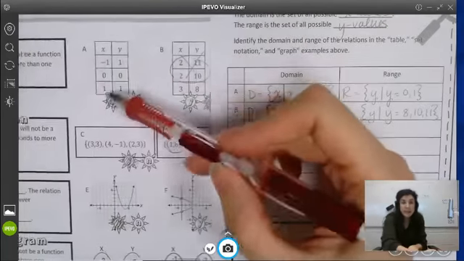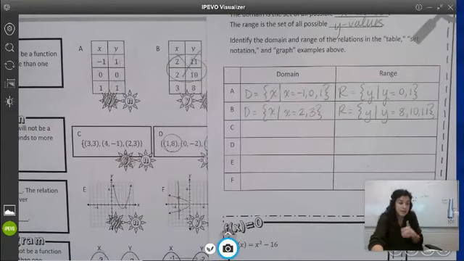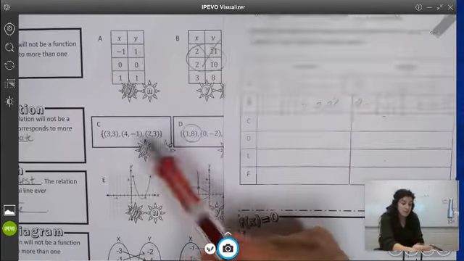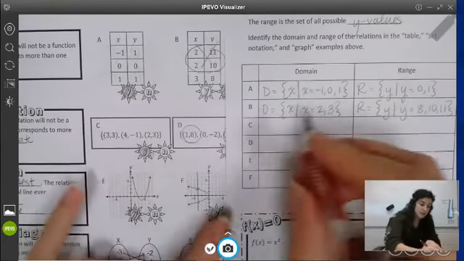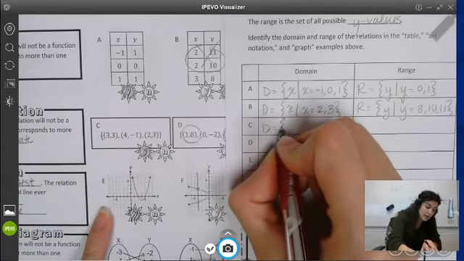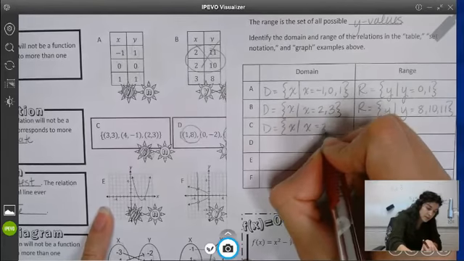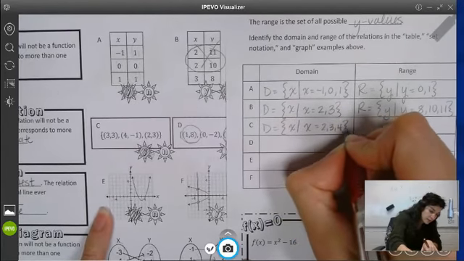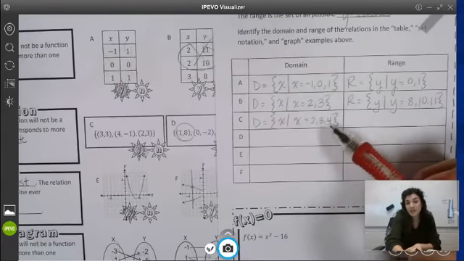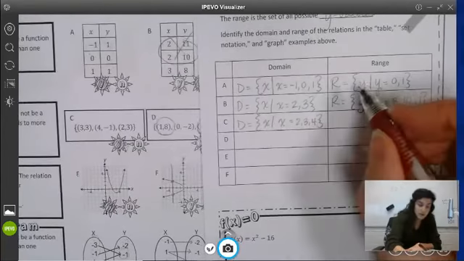And so sometimes it's only 3 x values that go into a relationship, and then you're done. Same with these points right here, right? If we're talking about C, your domain is x such that x equals 2, 3, and 4.